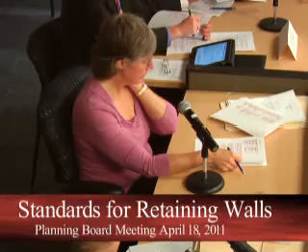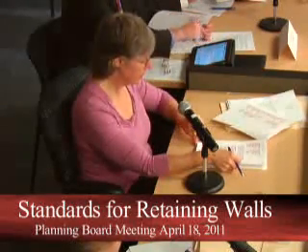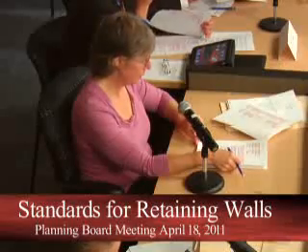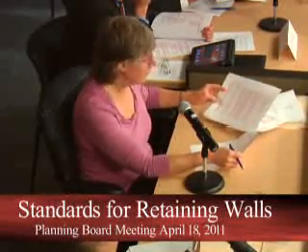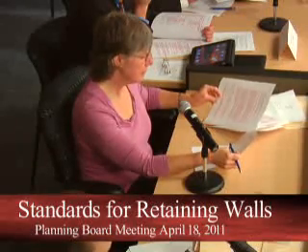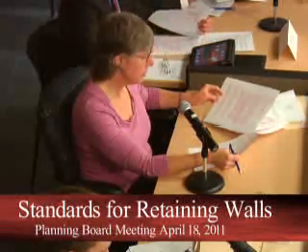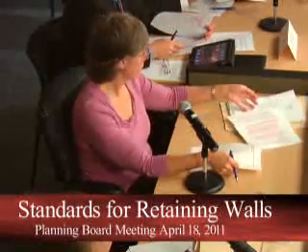And then on section D, just below that, the engineering requirements were changed from 20 to 10 feet. And the very last sentence, again, the requirement was changed from 15 to 10. Okay, thank you.